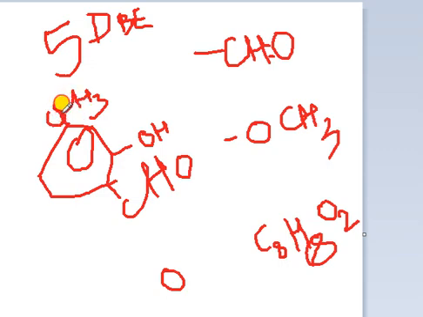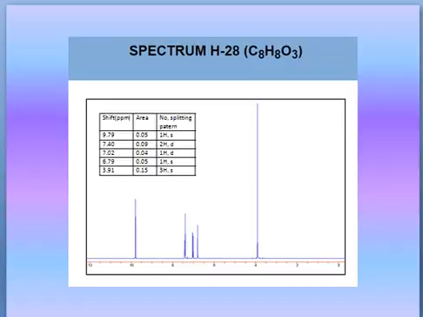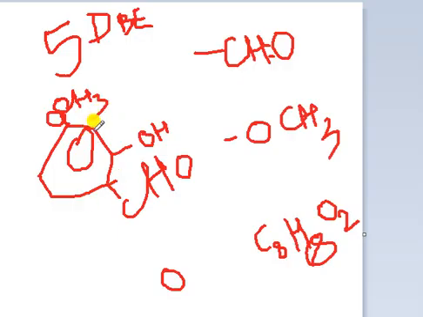This is the OCH3, 3 hydrogens, 3 oxygens, CH3, and in the aromatic there are 4. Let's see the aromatic peaks. There are 3 aromatic peaks, and one is a singlet. So the aromatic 2 and one is a singlet.